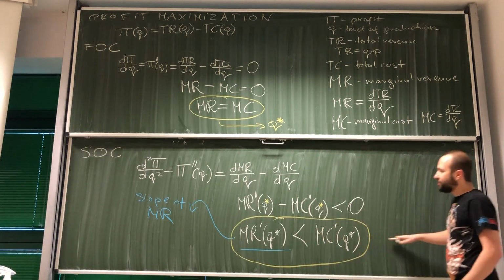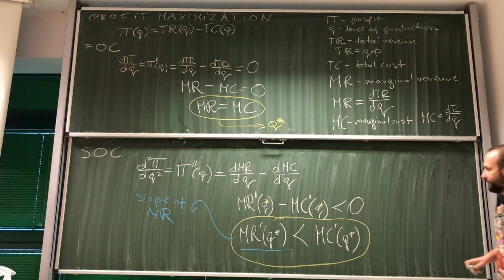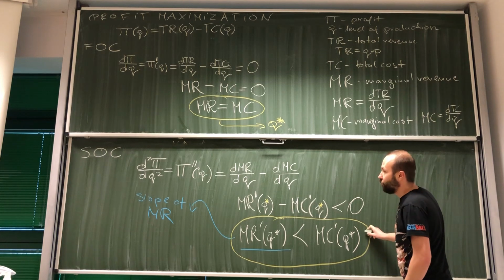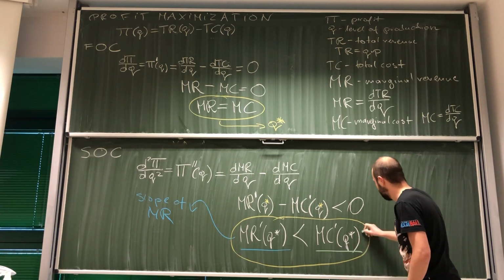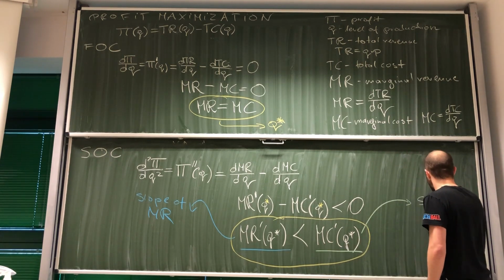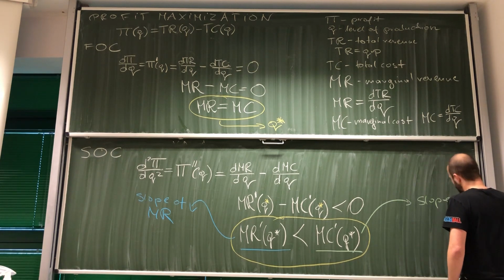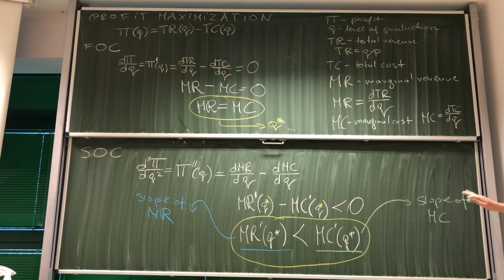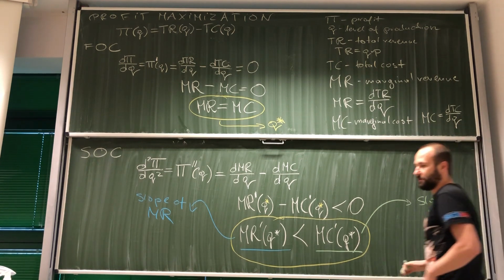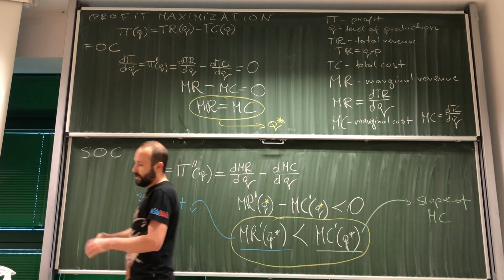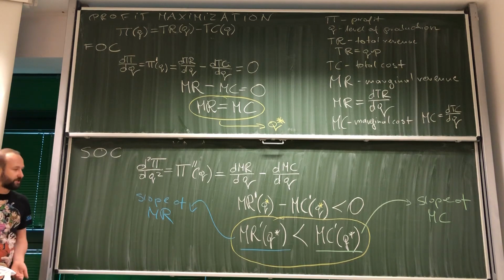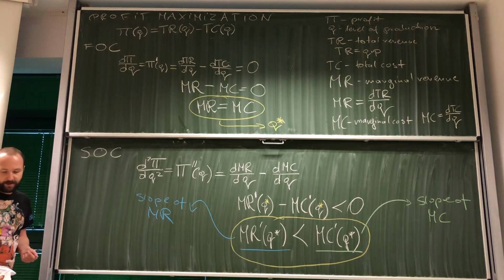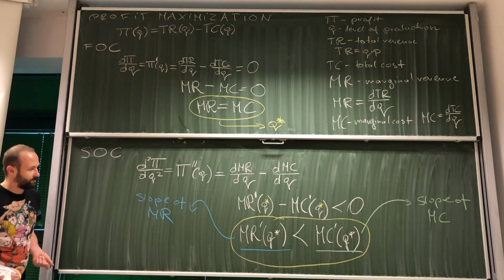Now, what do we have over here? Over here, we've got the slope of marginal cost. And look, even though in theory a lot of things are possible over here, how does it look in practice?